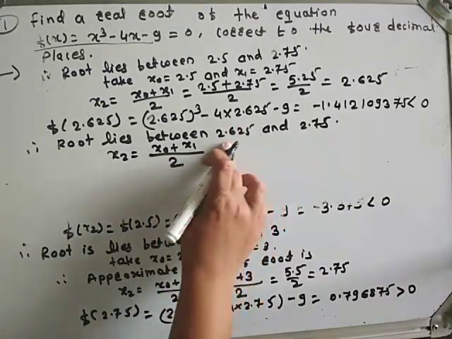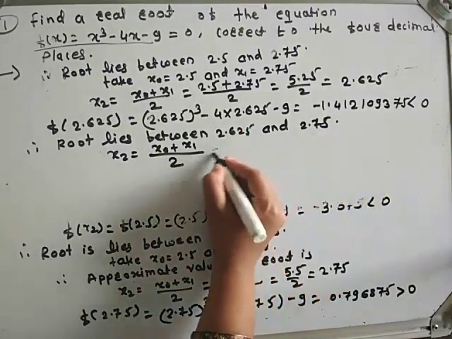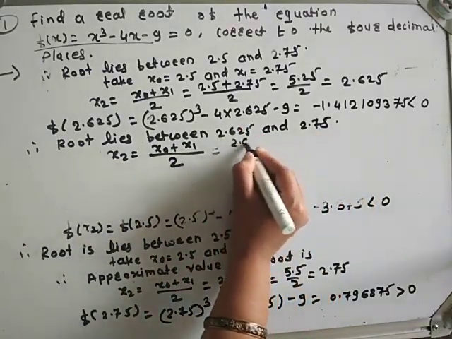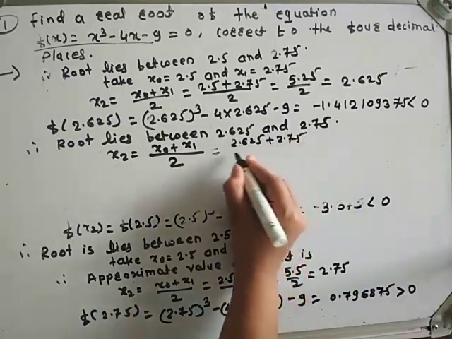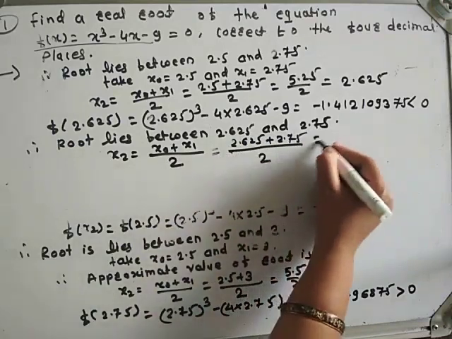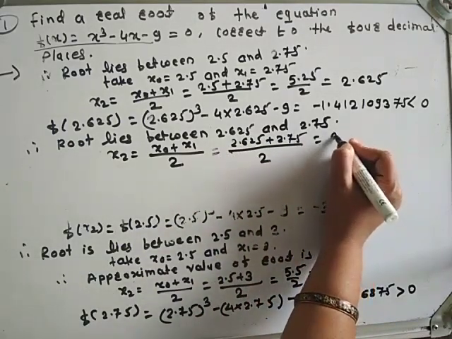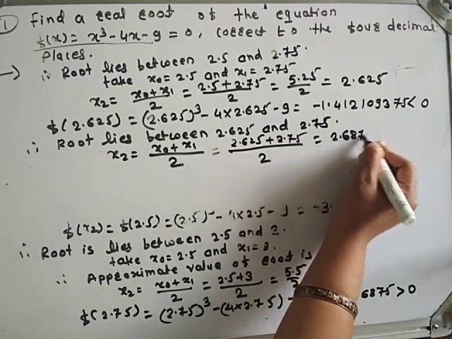Take x0 equal to 2.625 and x1 equal to 2.75, which is equal to 2.625 plus 2.75 upon 2, which is equal to 2.6875.